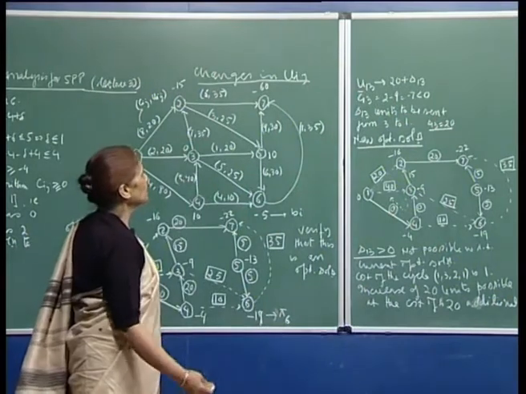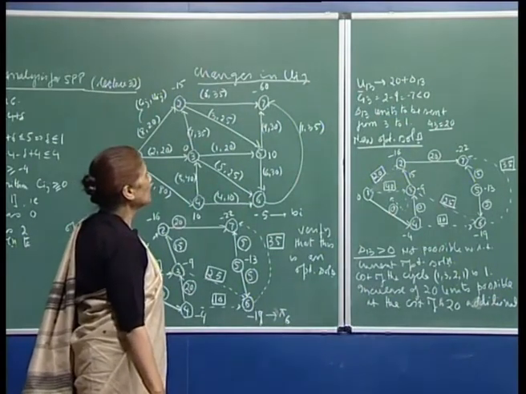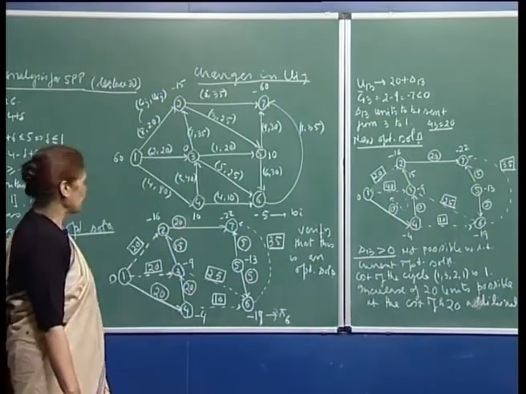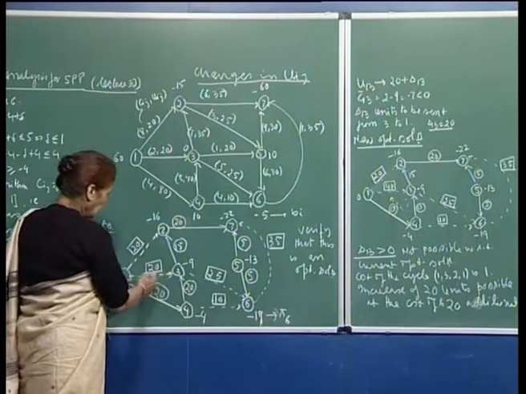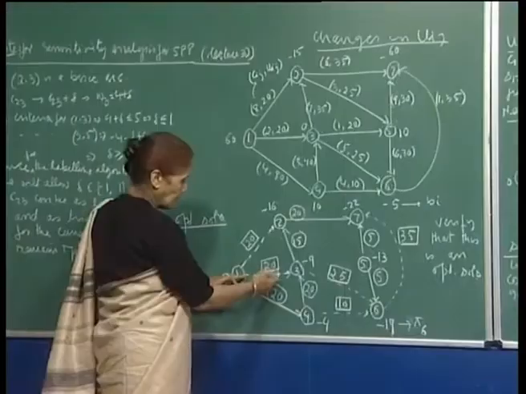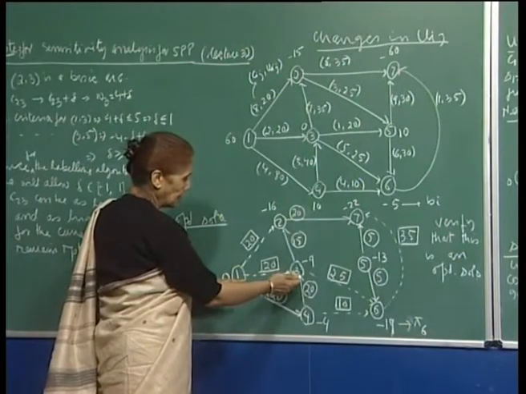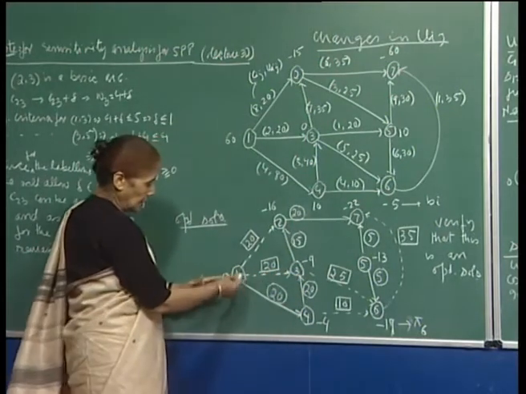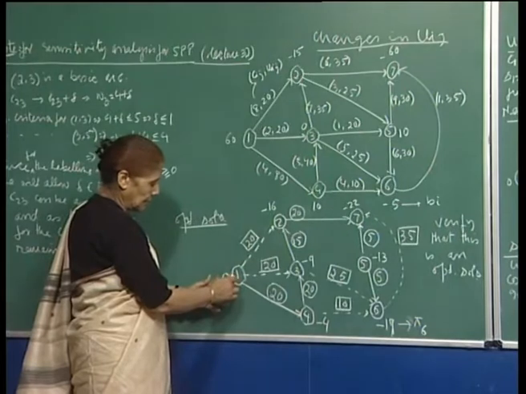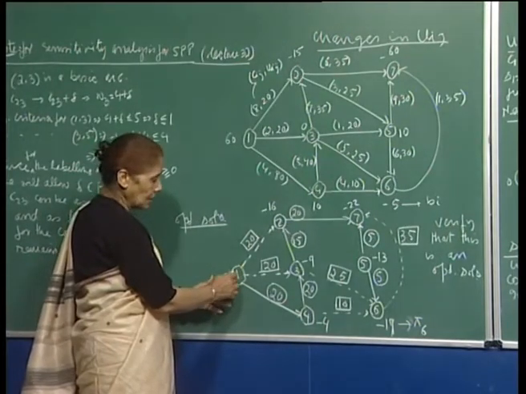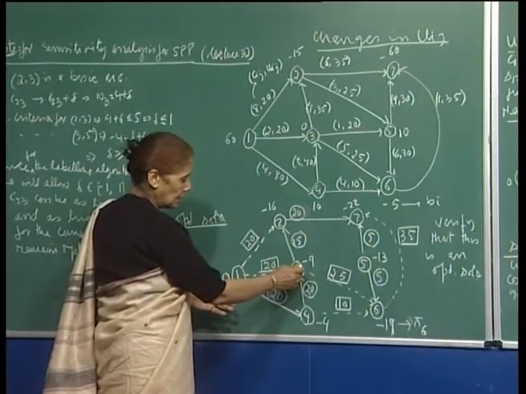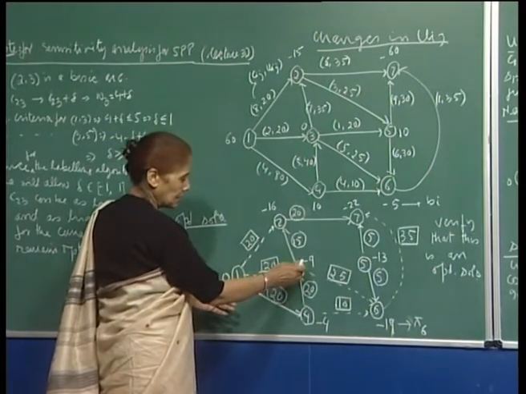So, therefore, let me consider increasing the capacity of arc 1 3, say from 20 to 20 plus delta_13. That means I would like to flow delta_13 units on the arc 1 3. But if I do that, then the supply here has come down, because you have used delta_13, and what is available here now is plus delta_13.